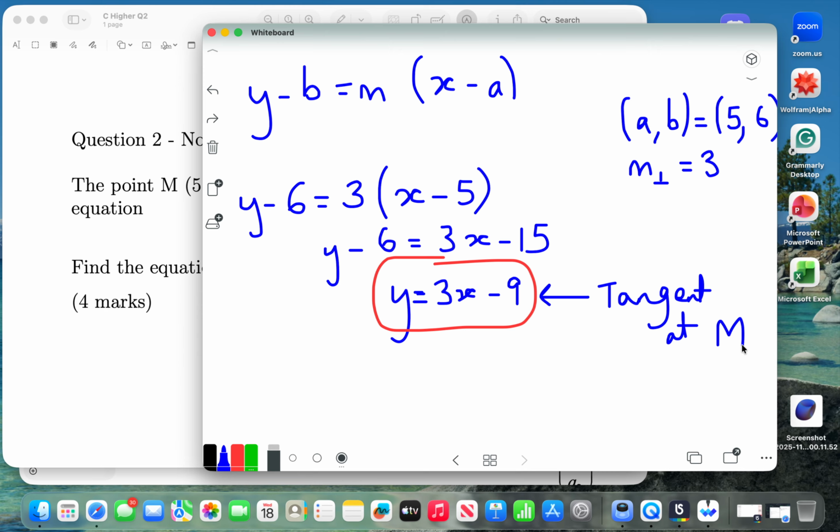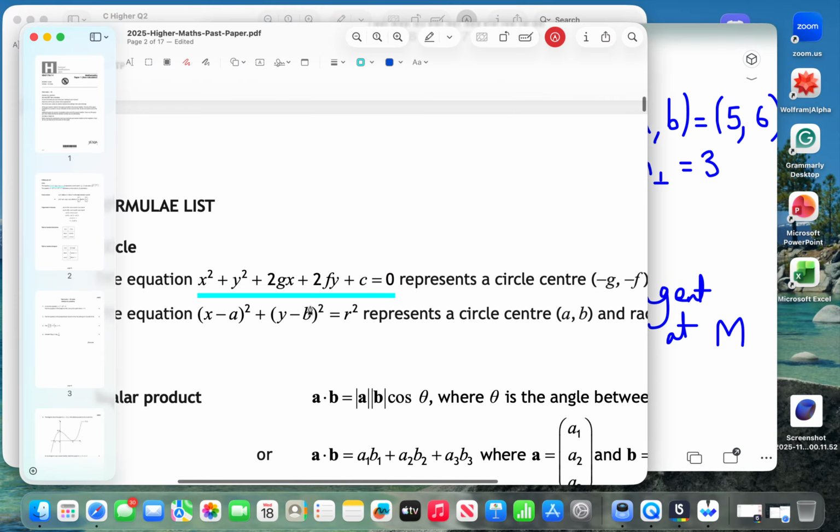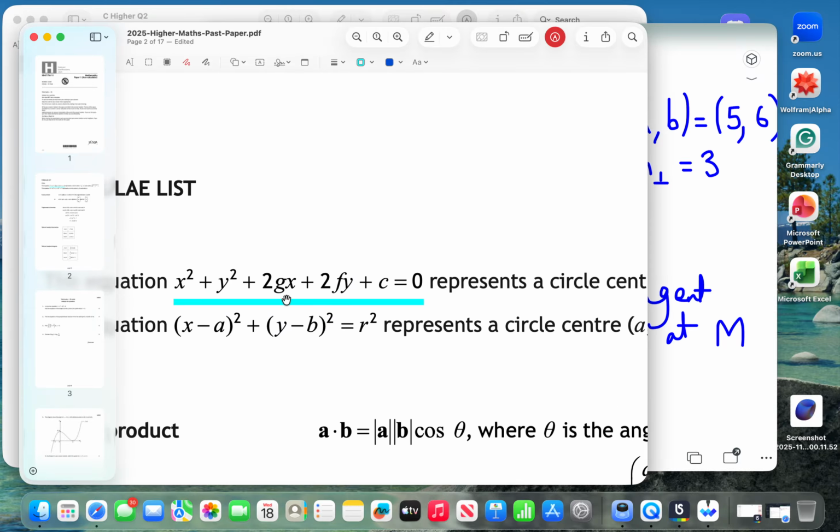The first mark, you just have to find the centre of the circle, and you just have to look at the equation on the formula list and compare that with the equation that you're given for the circle.